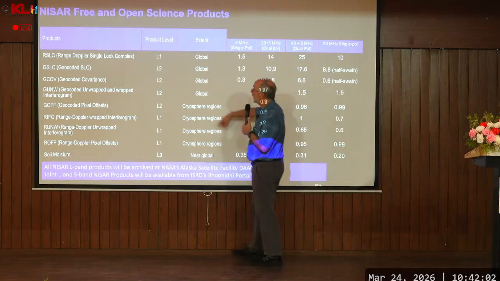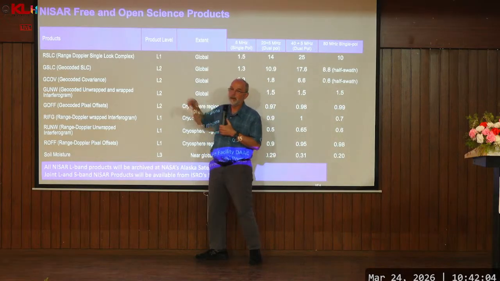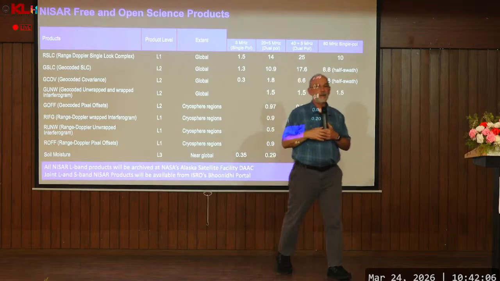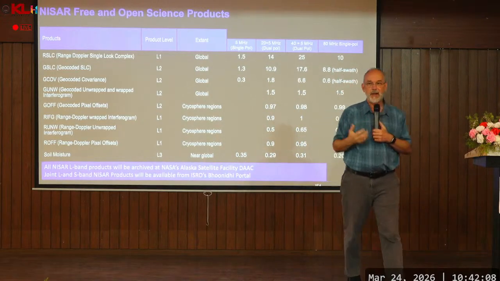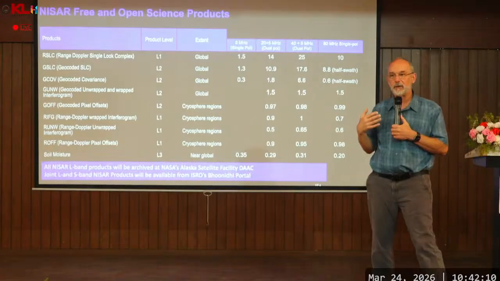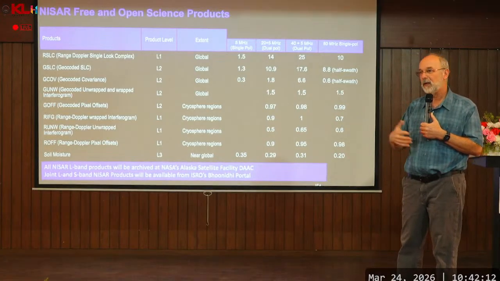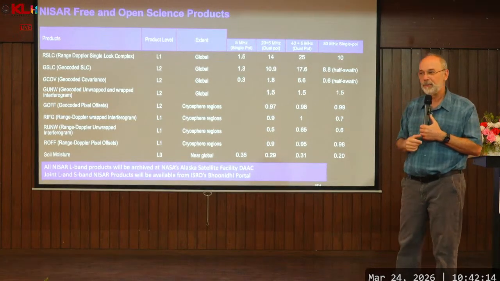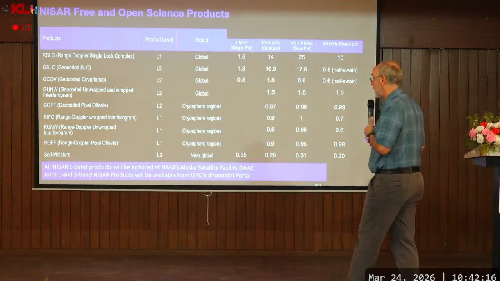When the product level says level 1, that means the product is in range Doppler coordinates, the natural radar coordinates that are traditionally used by the community for radar.